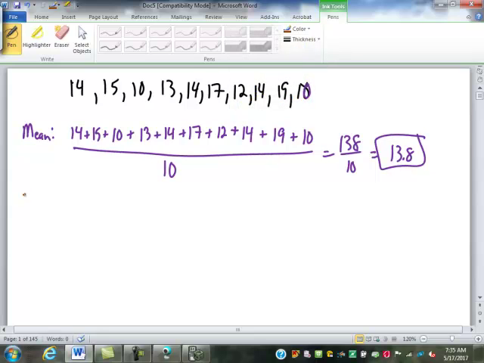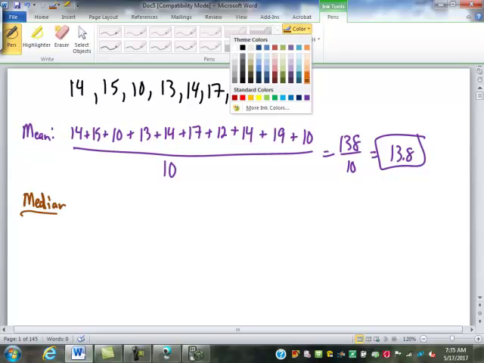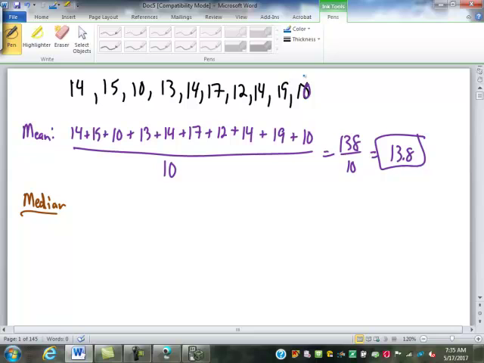For the median, what's our first step we have to do? Put them in order, smallest to largest. So my smallest number is 10, and then I have another 10. What's next? 12 and then 13.